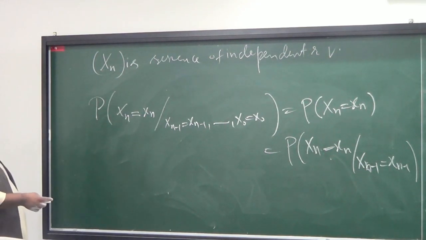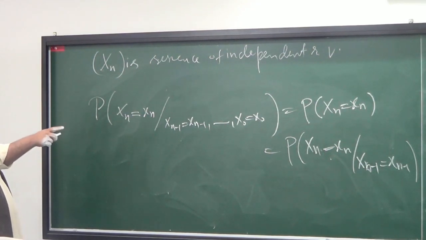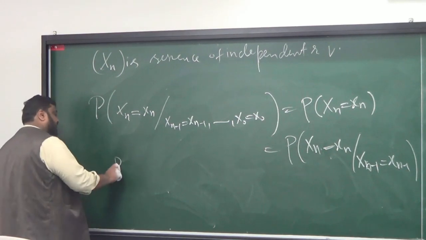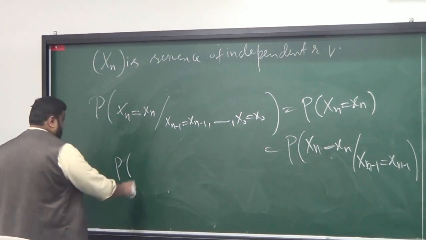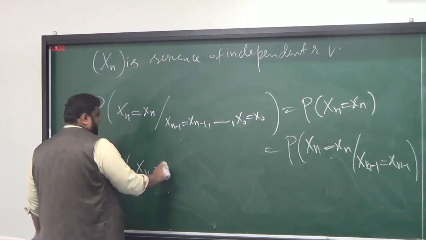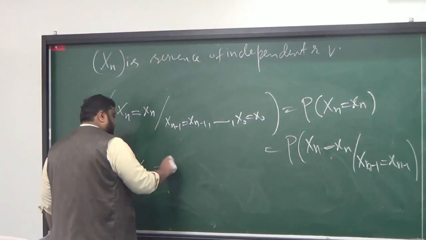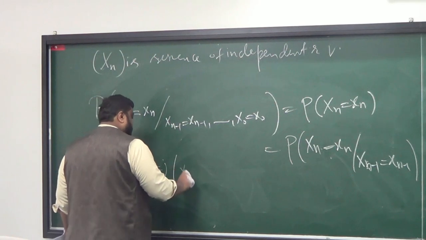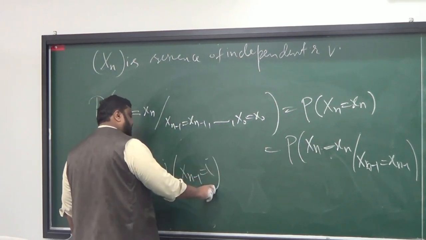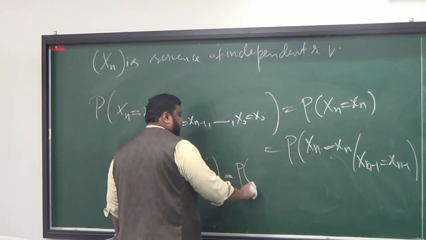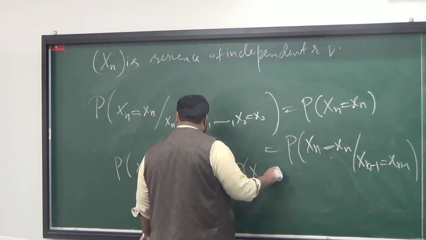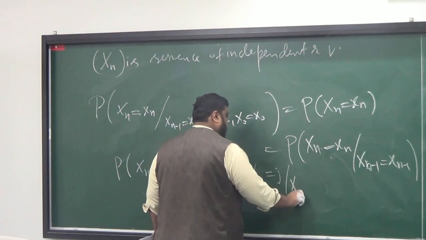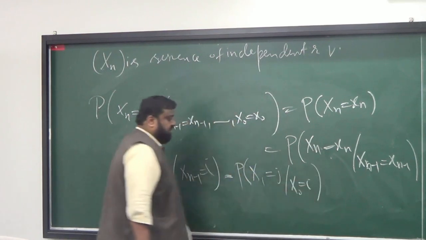In other words, if you want that equality to hold, the probability of Xn equal to j given Xn-1 equal to i is the same as the probability of X1 equal to j given X0 equal to i.